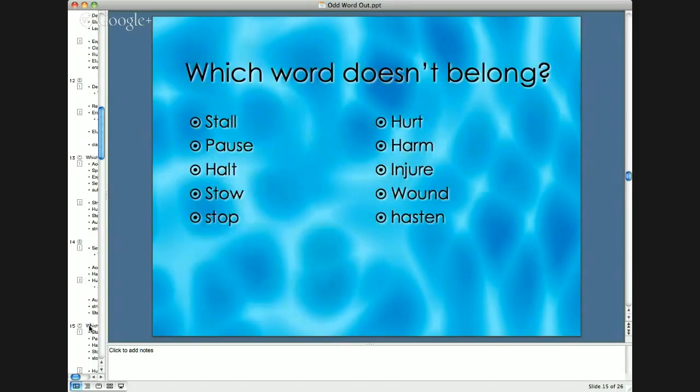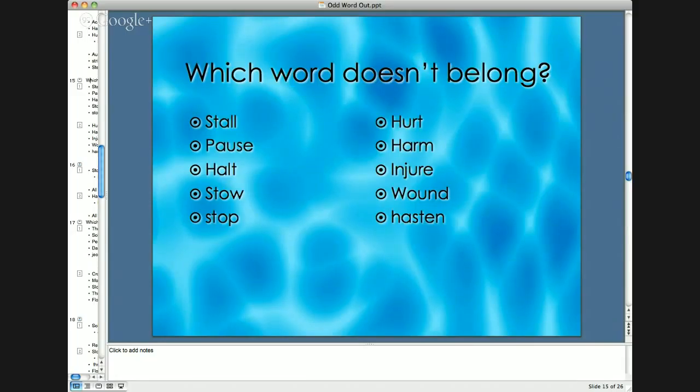What about the next? Which is the odd word out? Stall, pause, halt, stow, and stop. Well, we know what stop means, right? The opposite of go. We know what pause means, right? We take a moment to stop and then we keep going.